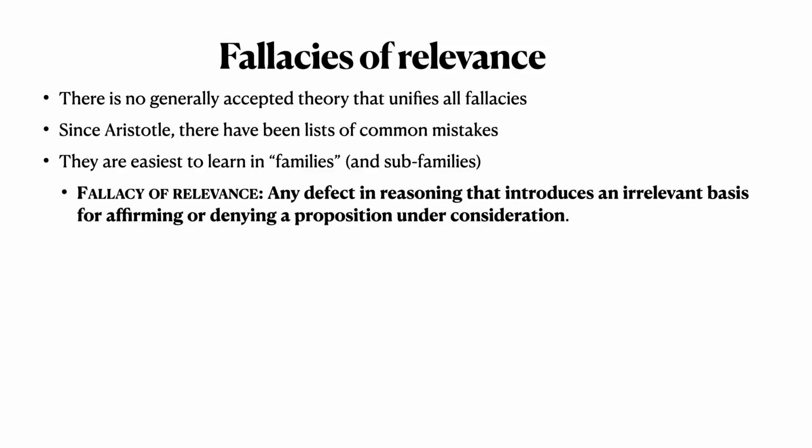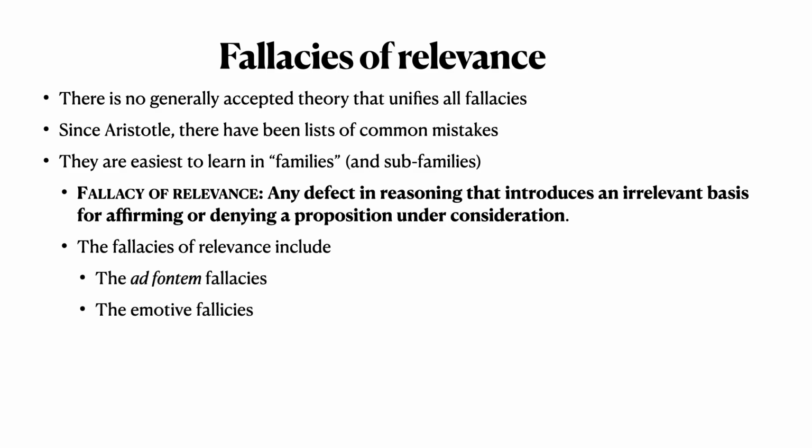A defect in reasoning. Now, the fallacies of relevance also include other subfamilies. For example, the ad fontem fallacies that we're talking about today, the emotive fallacies that we're going to talk about in section 11.2, and the fallacies of misdirection that we talk about in section 11.3. All 3 of these subfamilies are also fallacies of relevance.